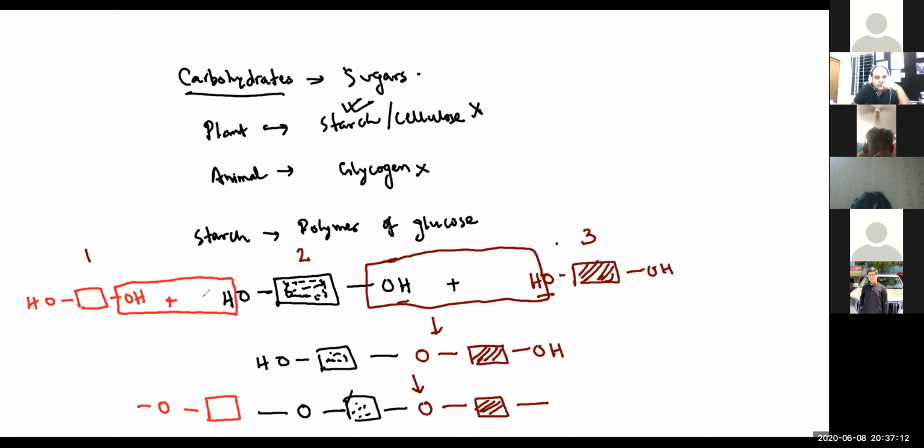So from each of the monomers, from one side, H goes away. From the other side, the OH goes away. And eventually this gives us what? A polymer.